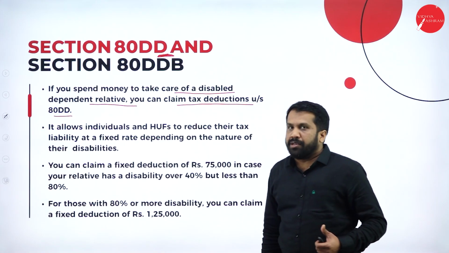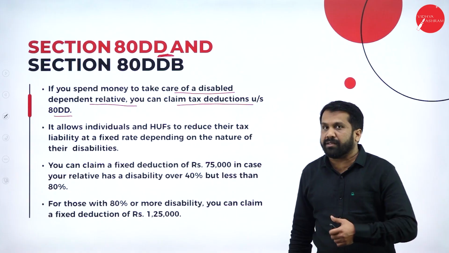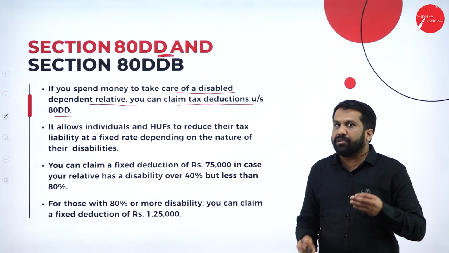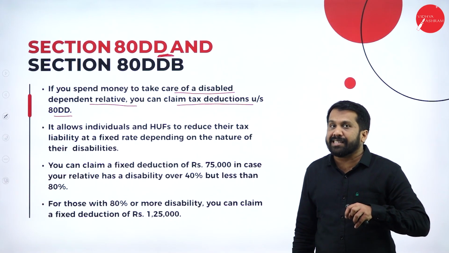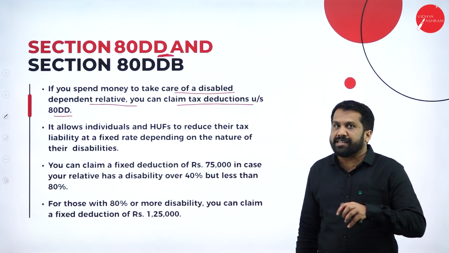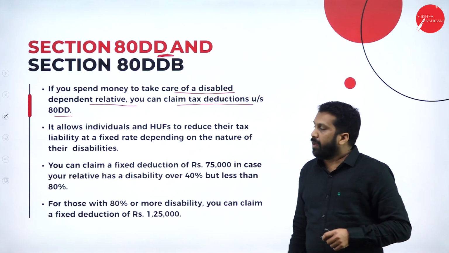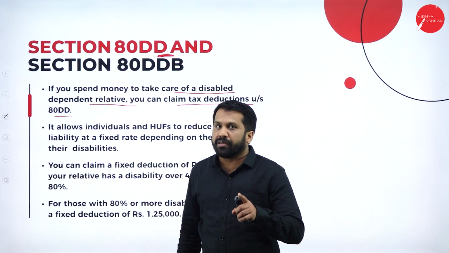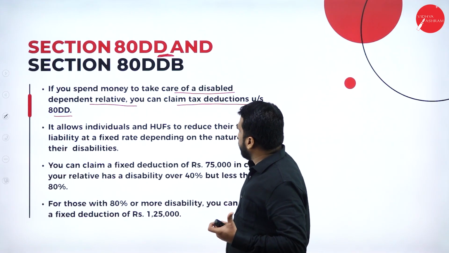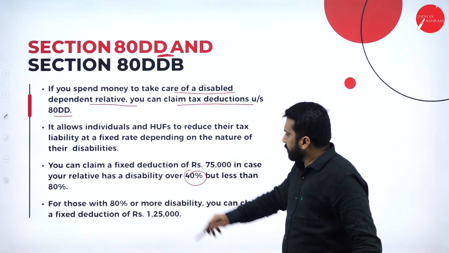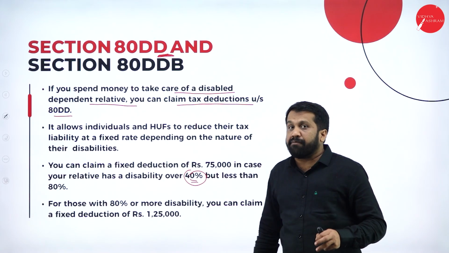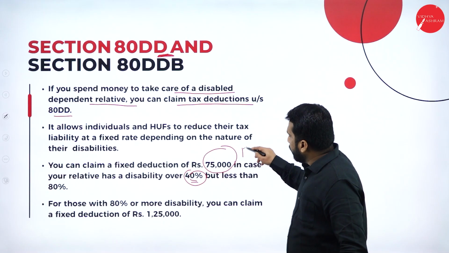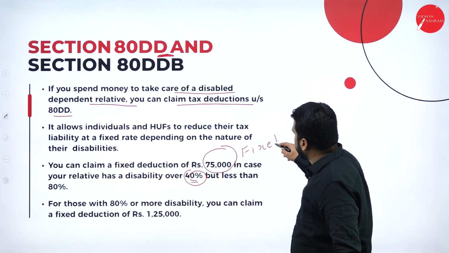For example, your uncle's son or your brother's son, your brother's daughter, your relative, first relative, or your own child is disabled, handicapped, has a certain disability, and you are taking care of that person, then you can claim deduction. What is the deduction? If the disability is 40% or more, as certified by doctors, then 75,000 is the fixed deduction.